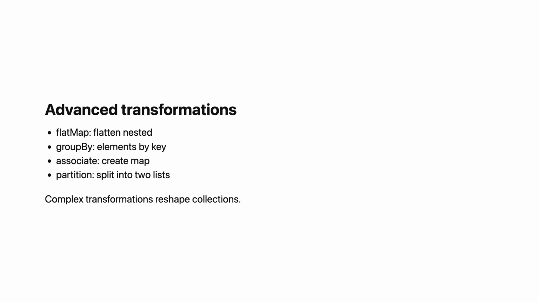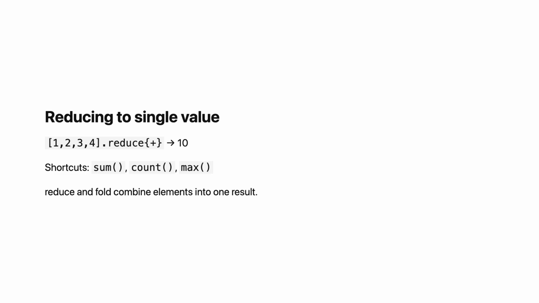partition: split into two lists based on a condition. val (evens, odds) = numbers.partition { it % 2 == 0 }. reduce: combine all elements into one. numbers.reduce { acc, n -> acc + n } gives the sum. fold is like reduce but with an initial value. numbers.fold(0) { acc, n -> acc + n } also gives the sum.